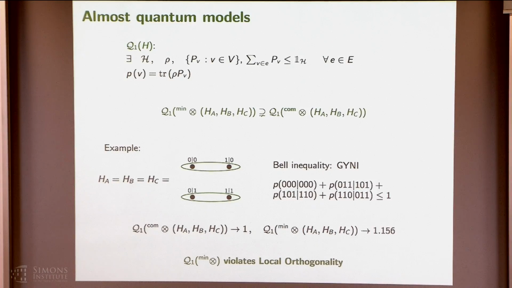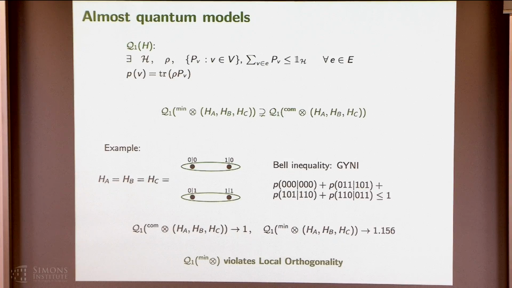So now one could argue that, well, since local orthogonality is a principle, what would happen if now we impose the principle ad hoc and do exactly the same, like maximizing the violation of Bell inequalities, imposing this principle to begin with. And surprisingly, when we do that, all the gaps disappear.